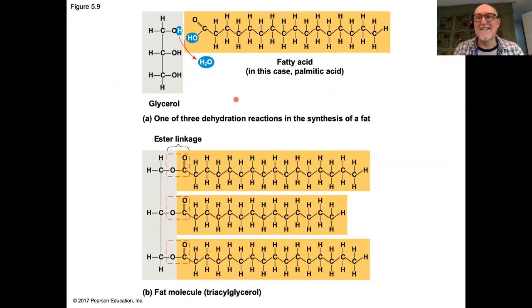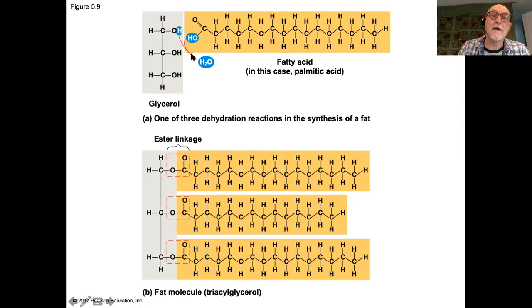This is a similar reaction to what happens in polymerization, but remember, this is not a polymer, in that we form the fat by joining the fatty acid to a glycerol molecule by dehydration reaction.